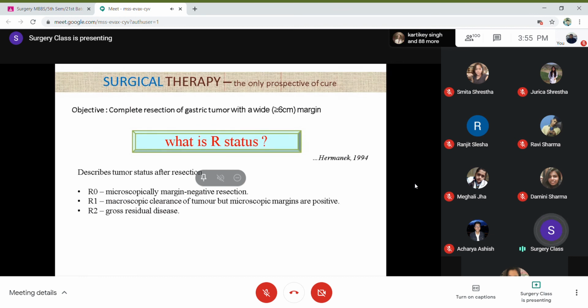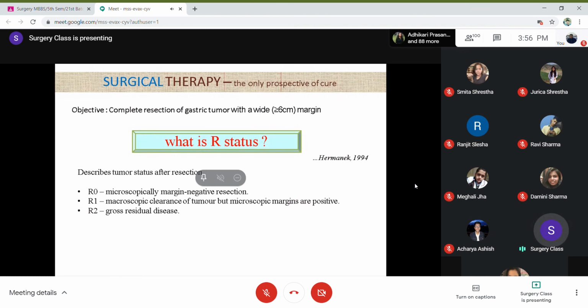R status means R0, R1, R2. Whenever we operate on a patient with cancer, we want to do an R0 resection. R0 resection means a microscopically margin negative resection.